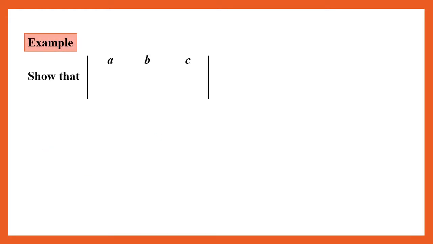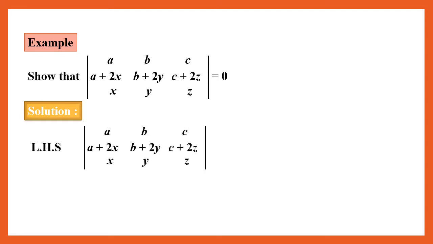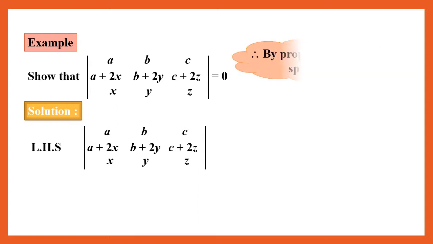So show that the determinant with rows a, b, c; a plus 2x, b plus 2y, c plus 2z; x, y, z is equal to 0. So consider the LHS part. You can see every element of the second row is sum of two elements.